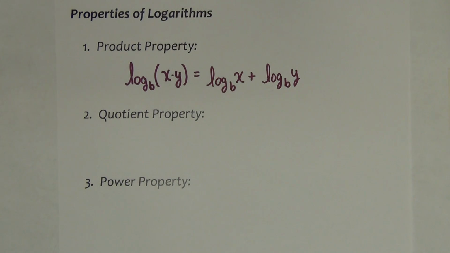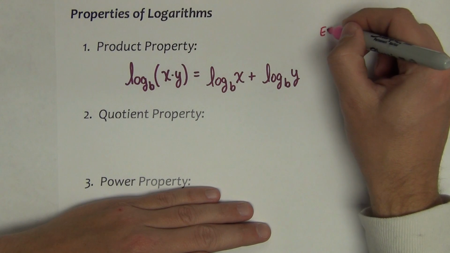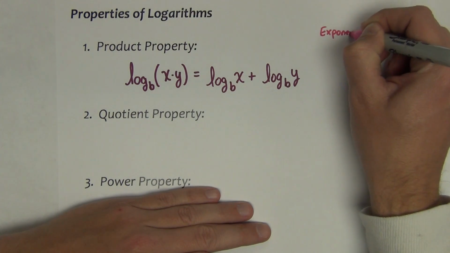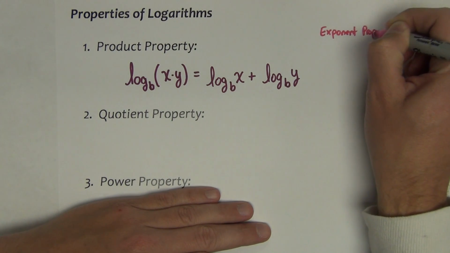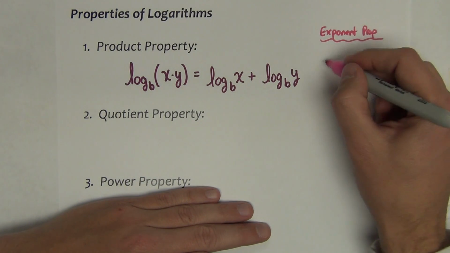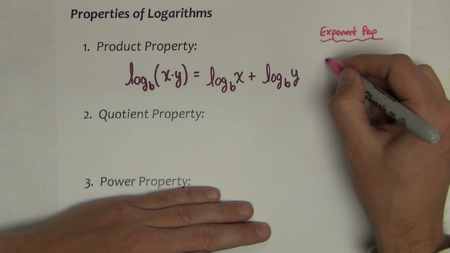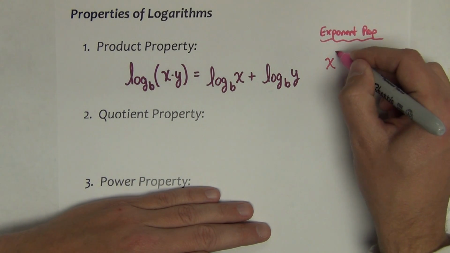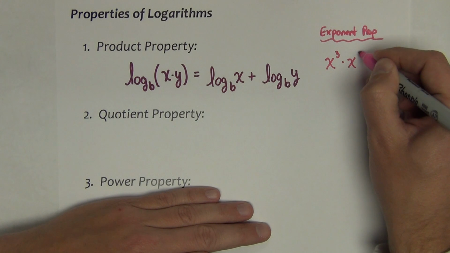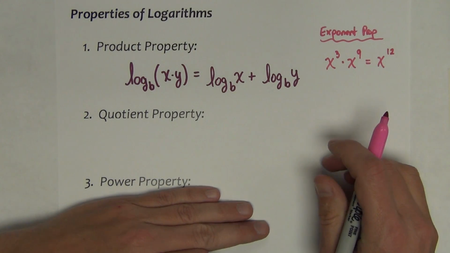And again, there are exponent properties for all these. The related exponent property is this. As we're all familiar with, I'll just give you an example, I think that'll be easiest to see. If I were to give you x to the third times x to the ninth, we would all say that is equal to x raised to the 12th.